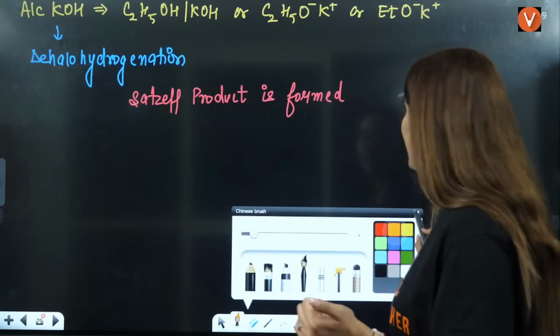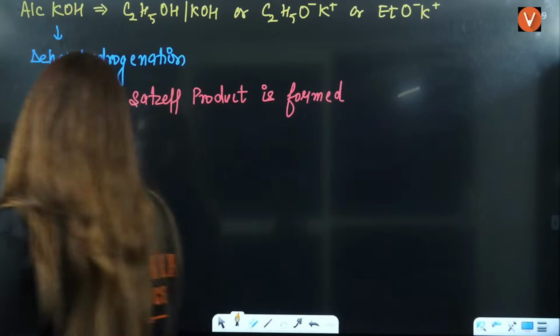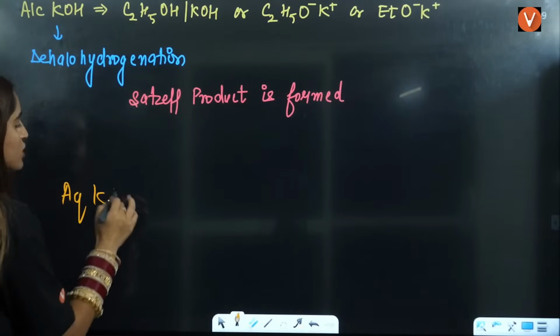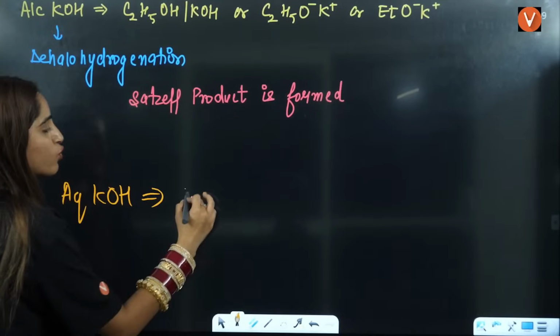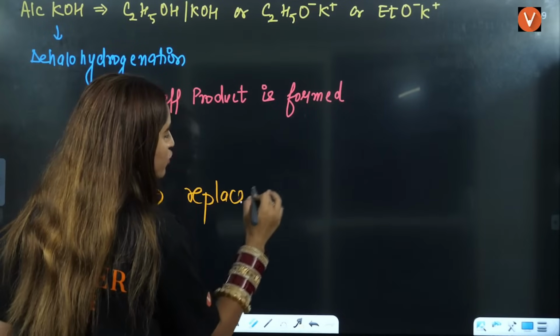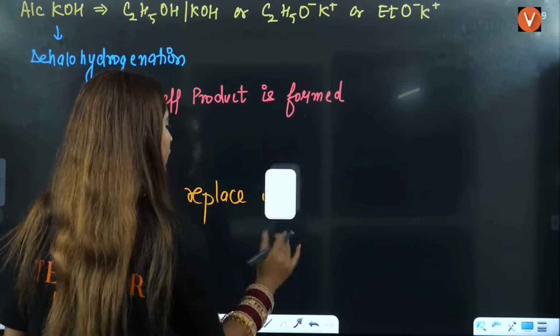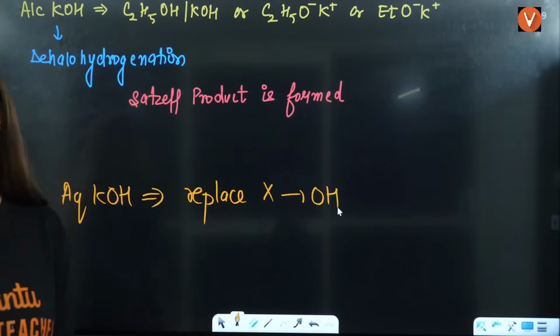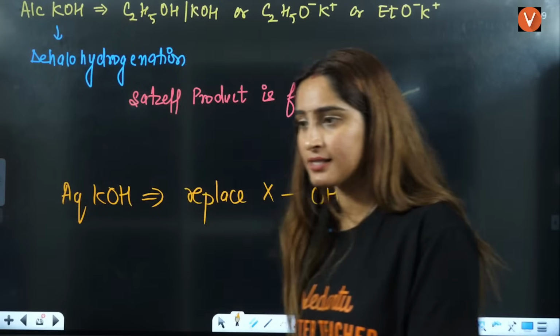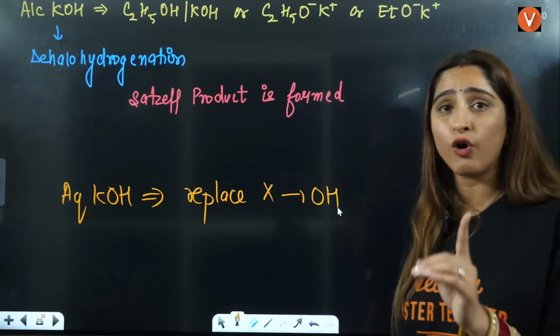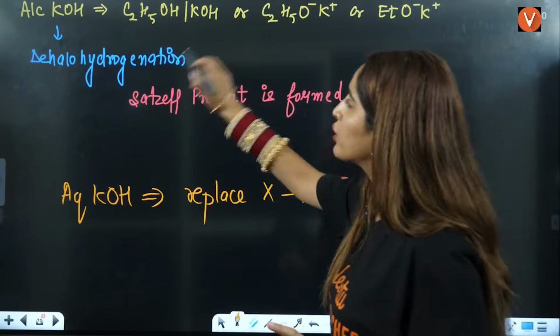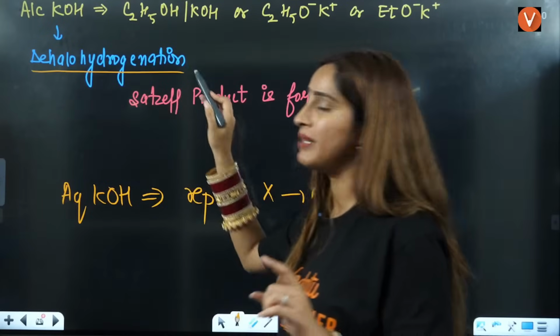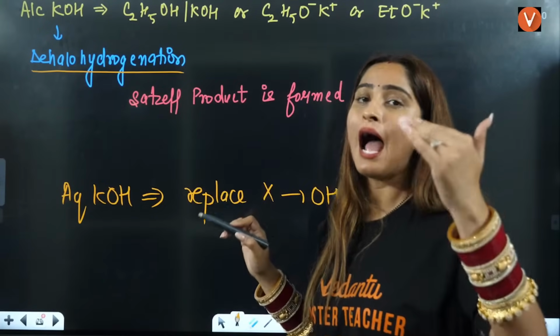Next is alcoholic KOH. So first talking about aqueous KOH, it is only going to replace X with OH. This is going to only replace the halogen with the OH, nothing else. But if you talk about alcoholic KOH, it is going to cause elimination, that is dehydrohalogenation.